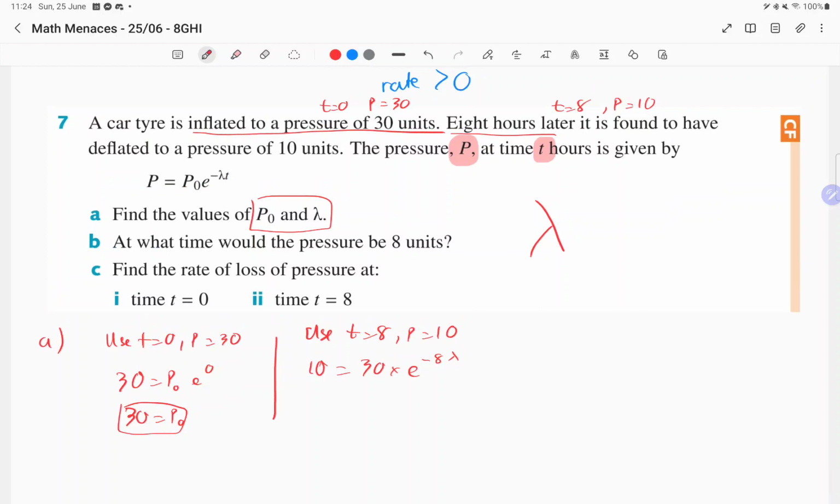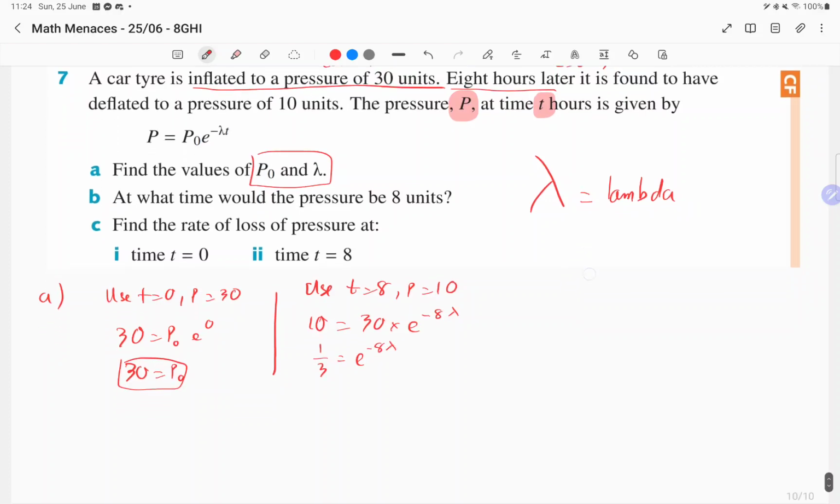So then you do 1 over 3 equals e to the power of negative 8 lambda, and then you have negative 8 lambda equals log base e of 1 over 3.